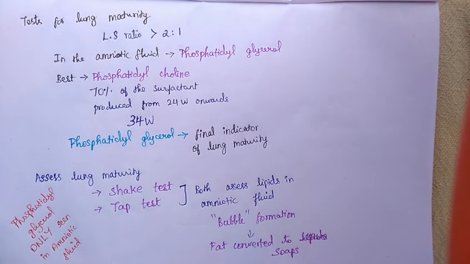If the fat is converted into soap, there will be bubble formation. If there is bubble formation, fat is converted into soap, and that is the confirmation that the lung is matured. How? Because the fat present on the baby's skin is similar fat to that made by the lung of the baby. So that's how you will know the lung is matured.